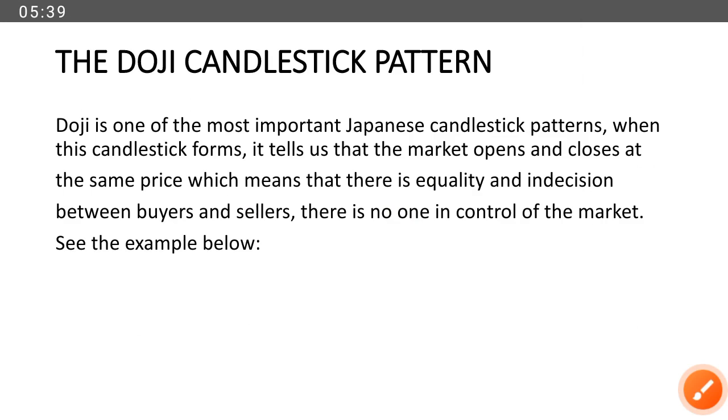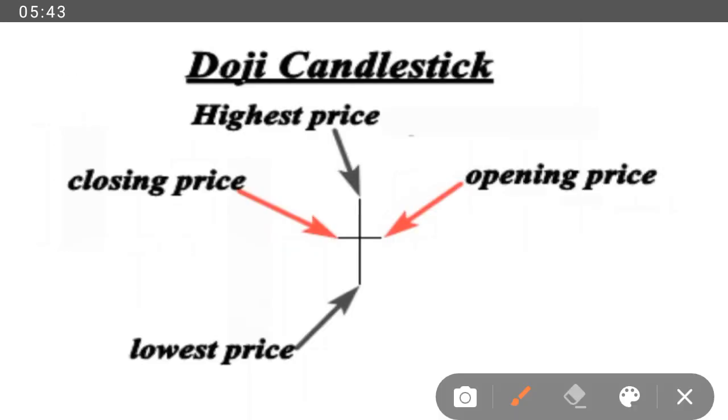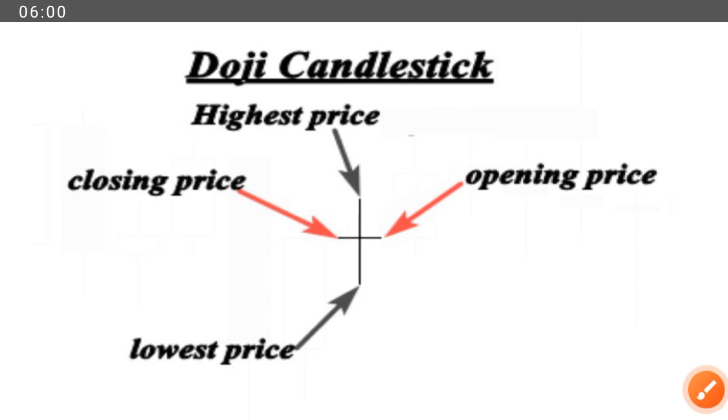Got to this, it got here, but it didn't close there. Then it went down here and closed here. It closed at the same spot it opened. That's what we call Doji candlesticks.